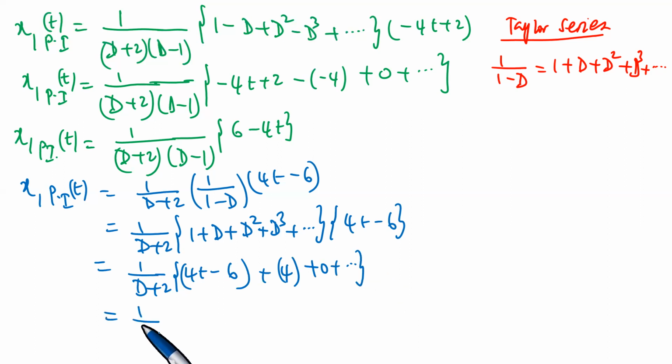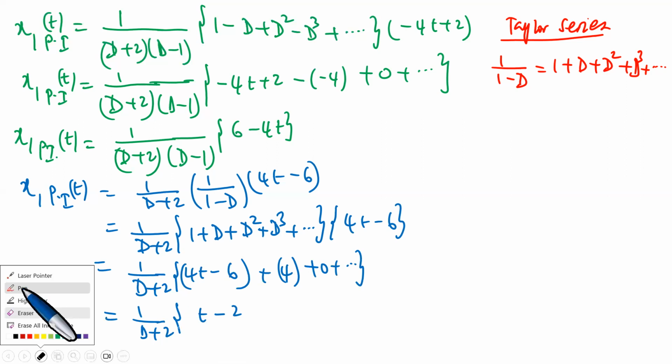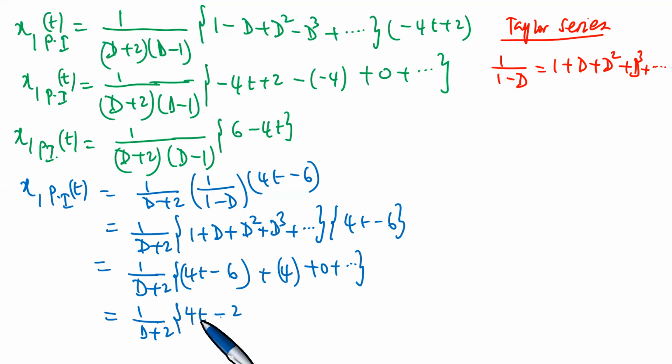This is 1 over d plus 2, 4, 4t minus 2. Okay. This is what we get.